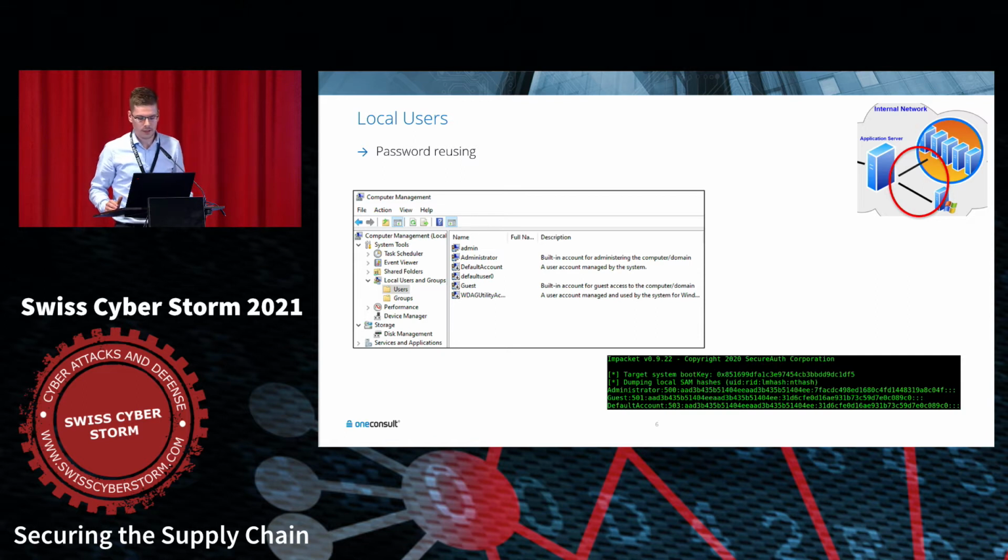And as it can be seen in the screenshot below, there are several tools which allow to get this hash value out of the registry, and then it can be misused to access this server or additional servers which use the same local administrative password.